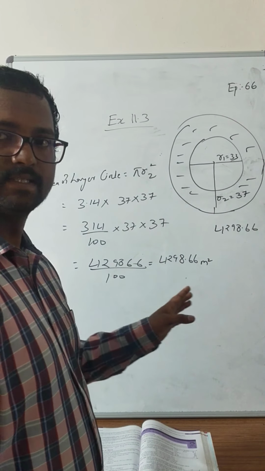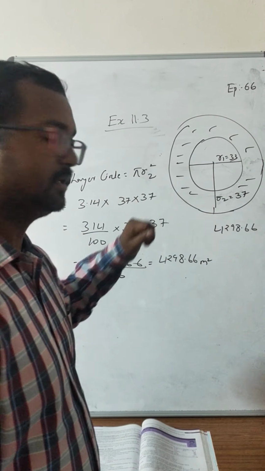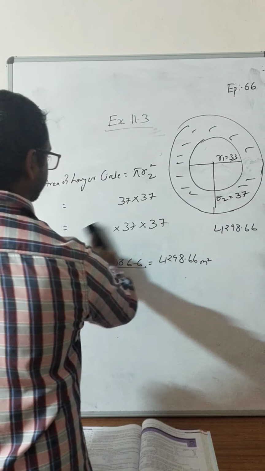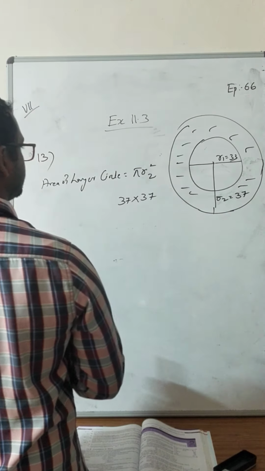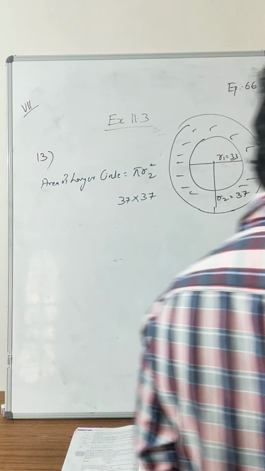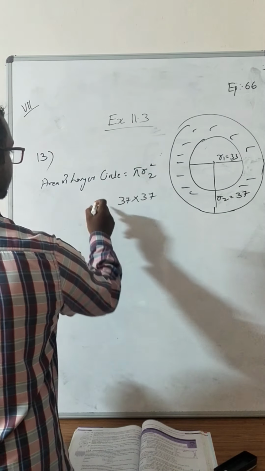Now instead of doing this multiplication, we can do one more method here. Let us keep the pi as it is. We can do the multiplication also, that way also we will get the answer, but instead let us keep the pi as it is.